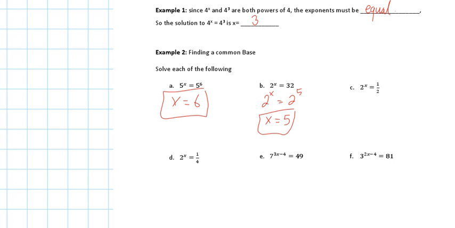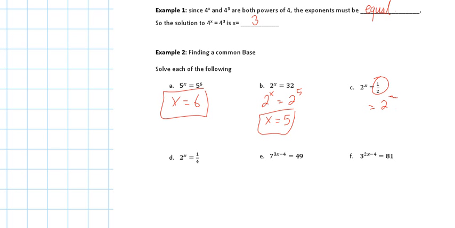So what would my base have to be? 2. 2 to the power of what gives me 1 half? What would I put as a power here? Negative 1, John, that's right. Why is it negative 1? Because of the flip. That's right.